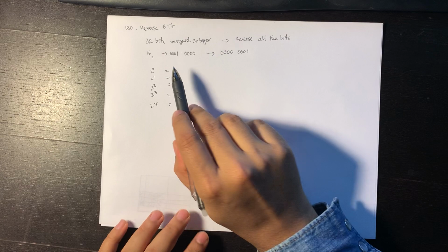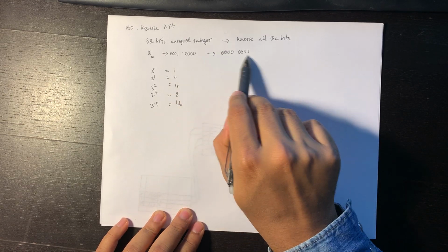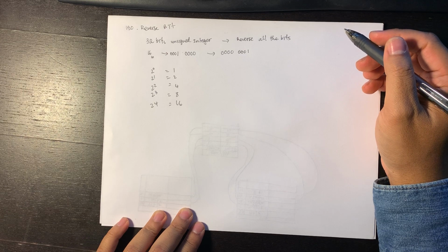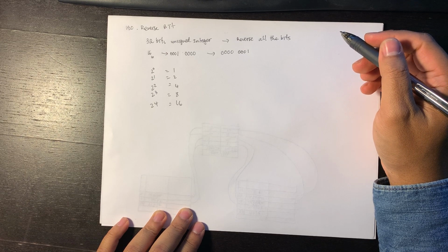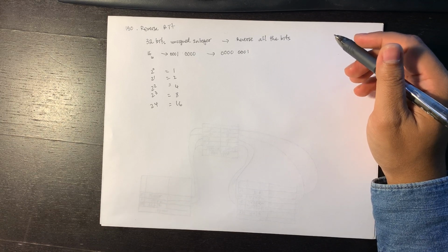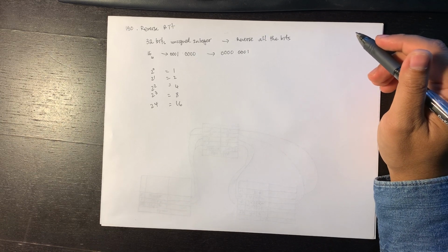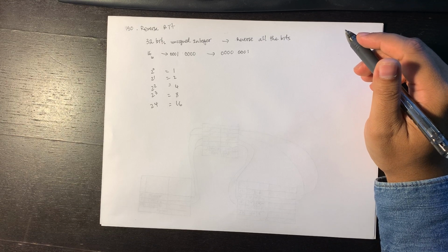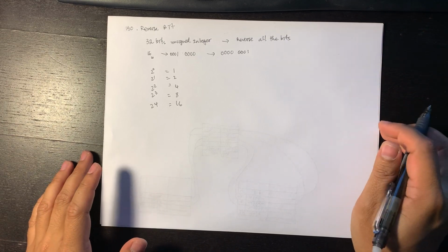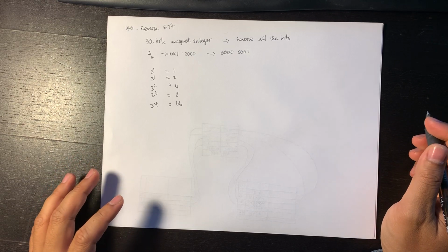How are we going to convert from this to this? Is this a trick question? I think I have some idea how to solve it, but it might not be the most efficient way.